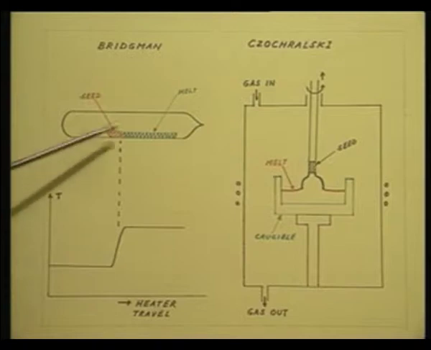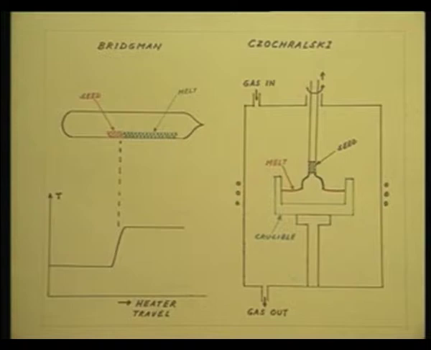So, the charge along with the seed crystal is placed in the quartz boat inside an evacuated quartz ampule, and then the charge is heated. Charge is heated to its melting point, but make sure that the seed crystal is not molten.